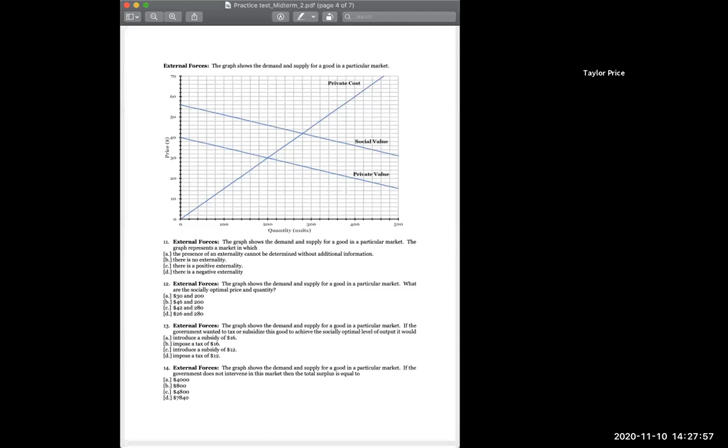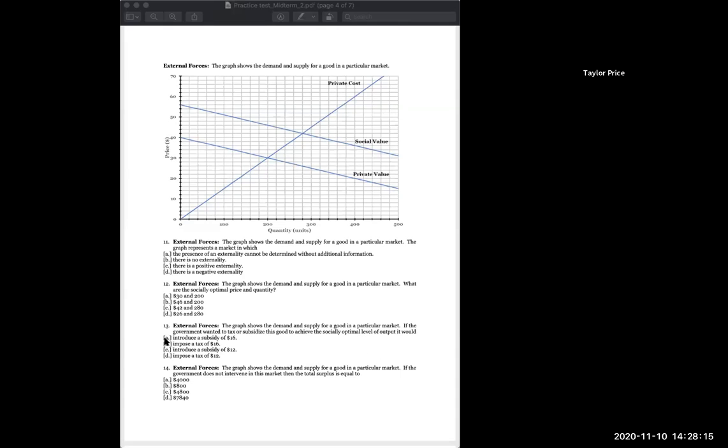Okay, so let me see if I can share that too. Okay, so that is question 13. It's asking, the graph shows the demand and supply for a good in a particular market. If the government wanted to tax or subsidize this good to achieve the socially optimal level of output, it would what?